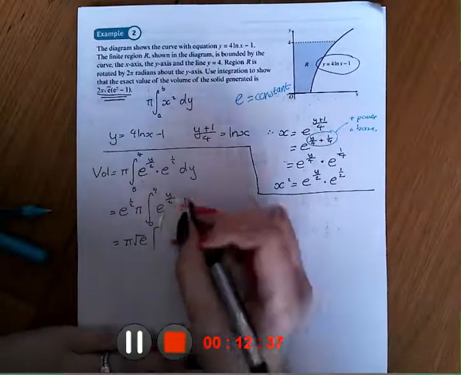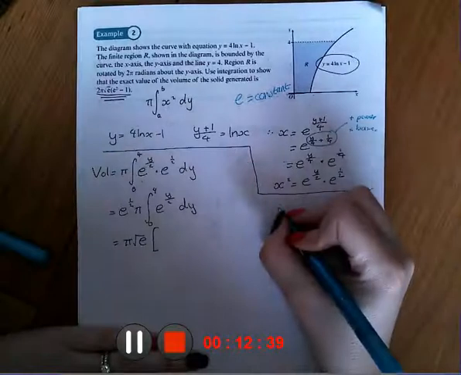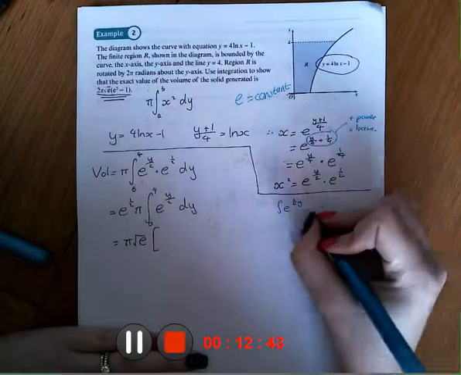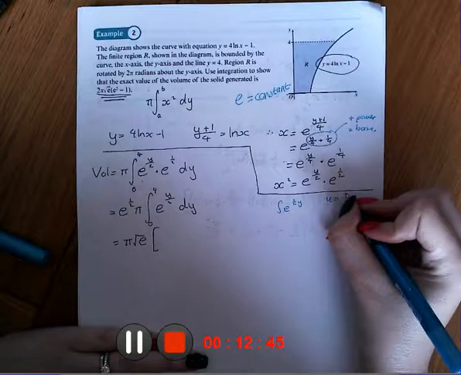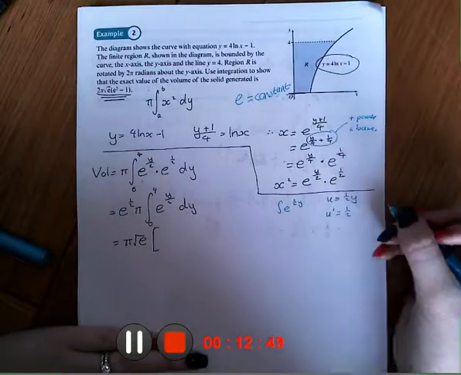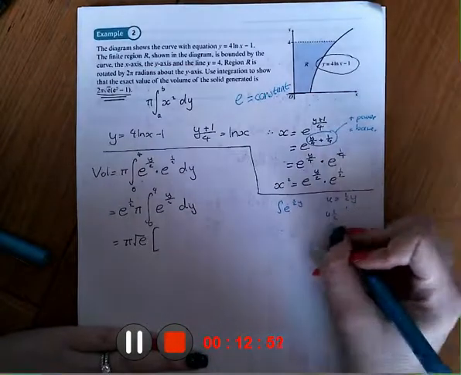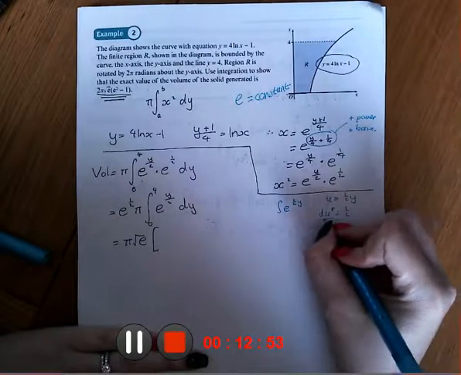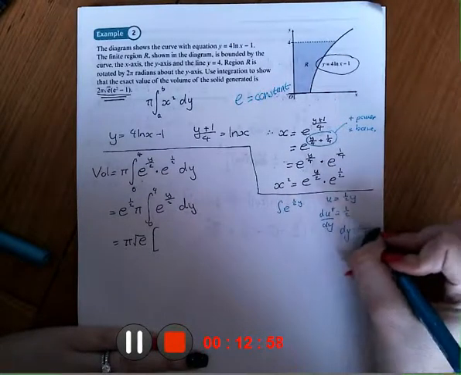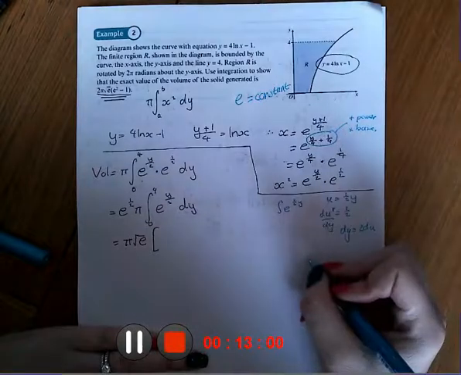E to the power of a half y. Again, this is one where if I wanted to integrate e to the power of a half y, I may say that u is equal to a half y, so u dash is equal to a half, or du by dy is equal to a half, so dy is equal to 2 du.